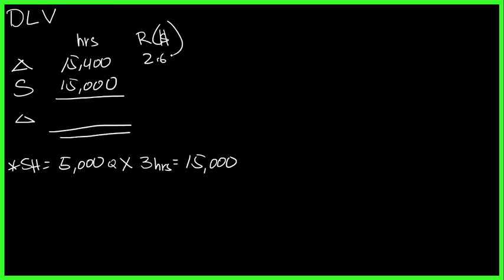This one is 2.6. Okay, and the standard rate is 2.5. We can now compute for the difference. This one is 10 unfavorable because this one is higher. Mapapagastos tayo.